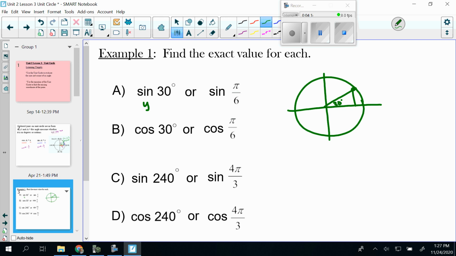You could use that little hand trick we talked about, where this is 0, 30, 45, 60, and 90. If we want to find the 30 here, remember you're taking the 30 out and you're figuring out it's going to be square root of what over 2?